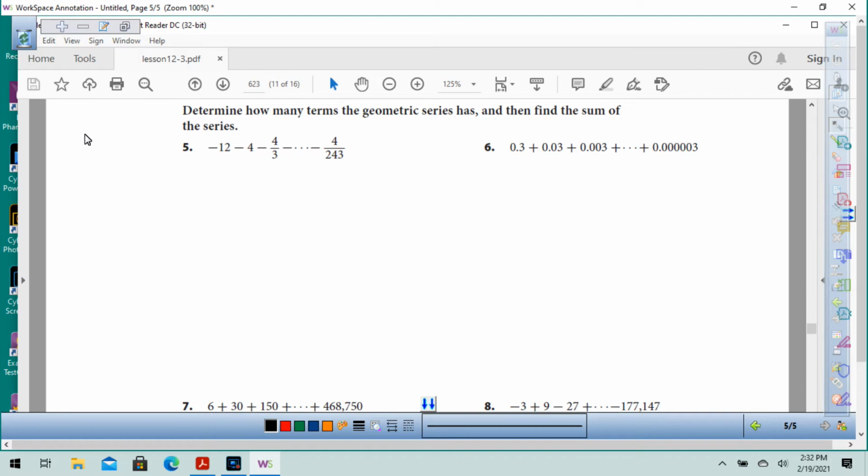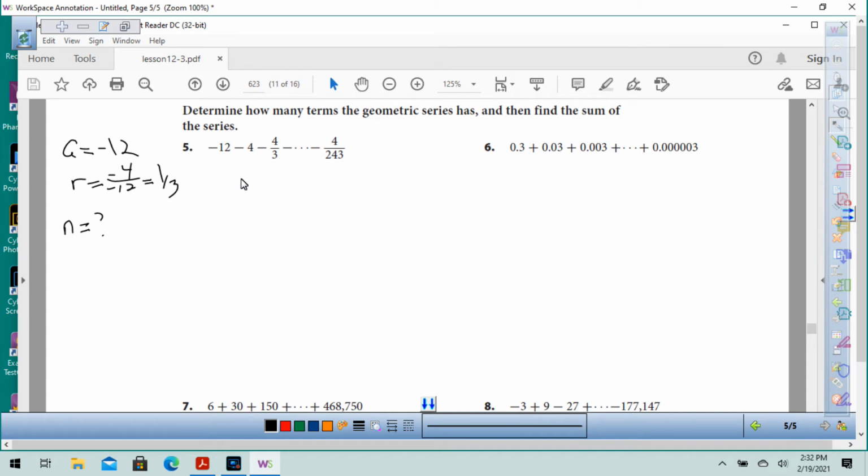Let's see. What do we know? We know A is -12. R, that's going to be -4 divided by -12, which is 1/3. Okay. And then N is what we're trying to find. That's the first part.